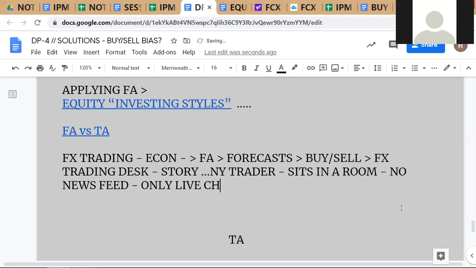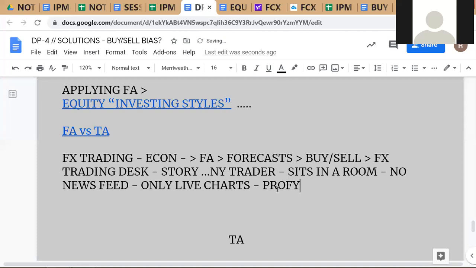I read this story in the Wall Street Journal or somewhere. So he doesn't know anything about when the economic data is coming out, whether the unemployment rate is higher or lower, no information, only live charts, and he's trading and quite profitable.